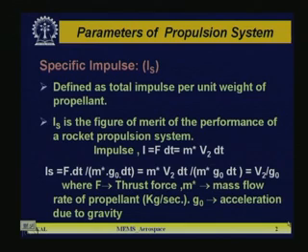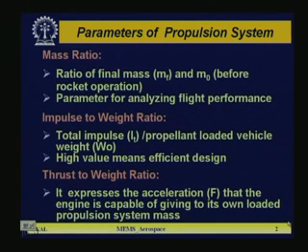Another parameters are mass ratio, impulse to weight ratio, and thrust to weight ratio. Mass ratio is defined as the ratio of final mass mf and m naught, where mf is final mass and m naught is the mass before rocket operation.